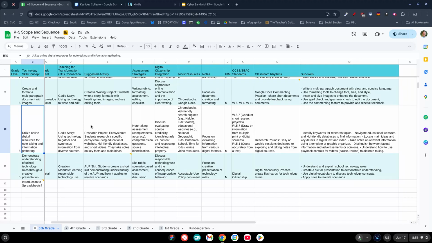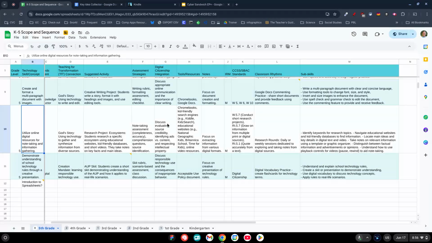So obviously there's big picture research projects that can support this. There's different ways that we can assess students' notes by giving them different organizers and working through different note taking tasks.